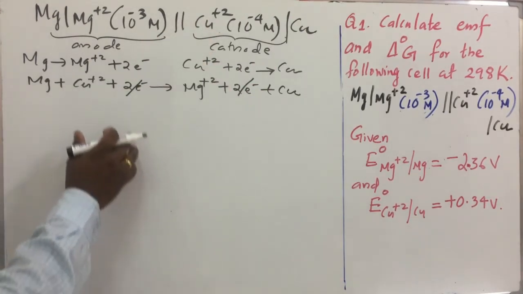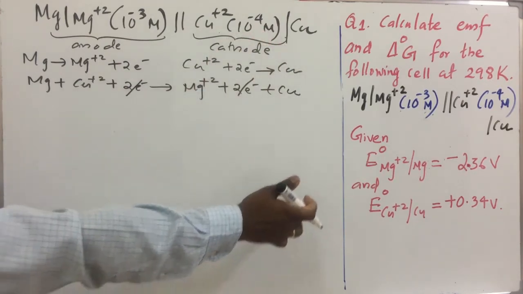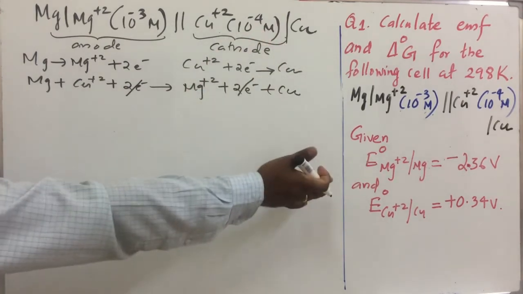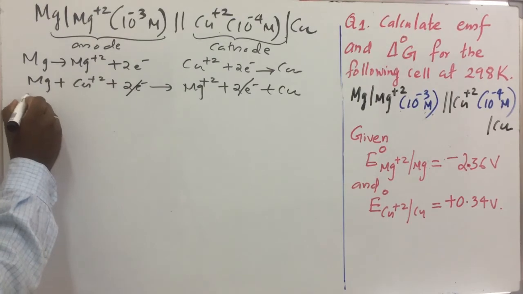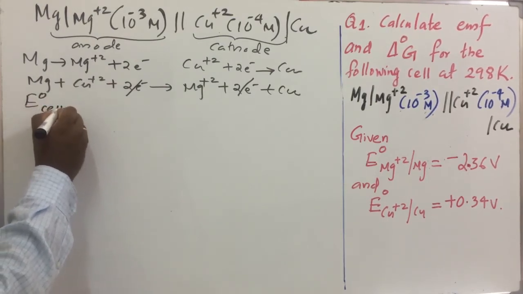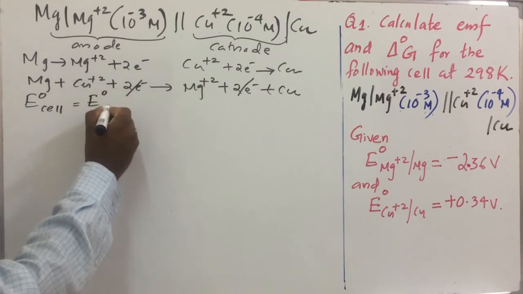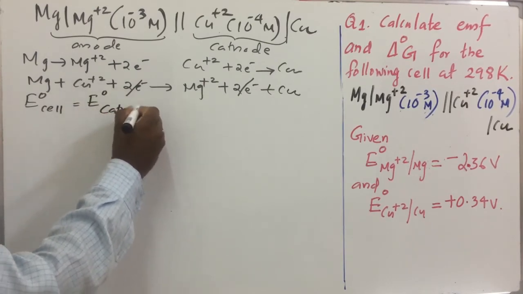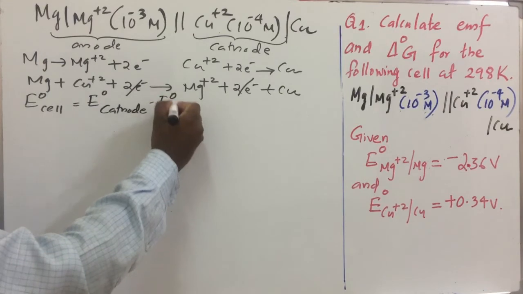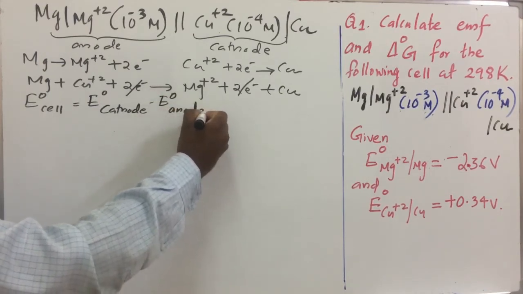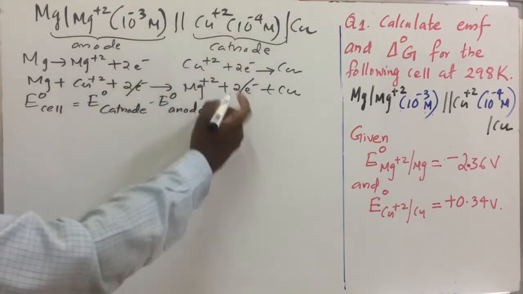For calculating cell EMF, we need E0 cell. So the first step is to calculate E0 cell. The standard cell potential is equal to the standard reduction potential of the cathode minus the standard reduction potential of the anode. Which is the cathode? This one.